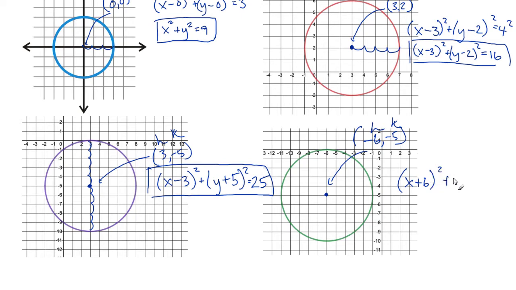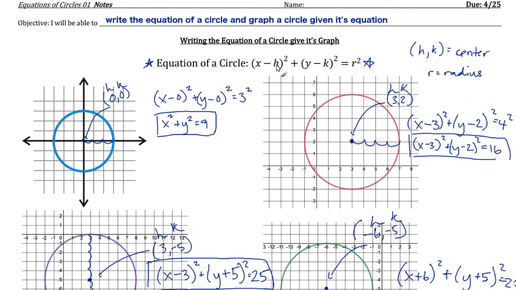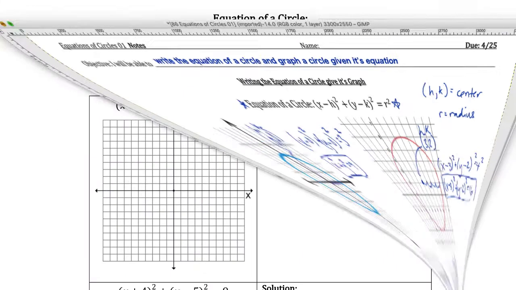And instead of minus negative 5, it's going to say plus 5. And then 1, 2, 3, 4, 5, that's 25 again. Remember that because this equation is subtracting, the positives will look negative and the negatives will look positive, so to speak.